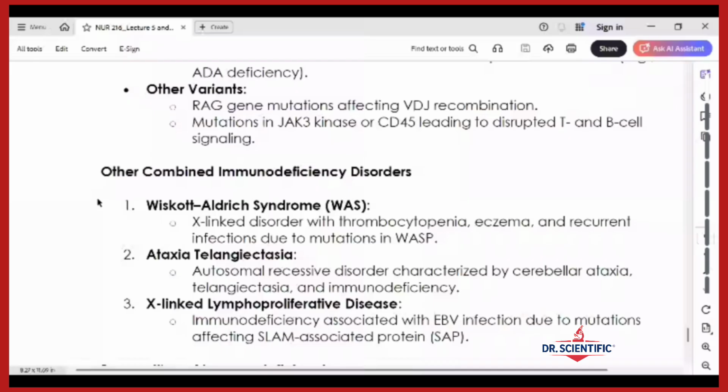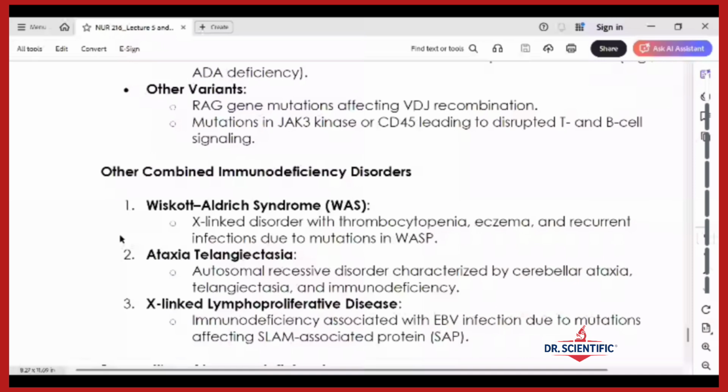So those are SCID. We have WAS. It's another form, so it's not SCID, but it's just an immunodeficiency that combines quite often a defect, and it's an X-linked disorder, which means it's carried on the X chromosome.